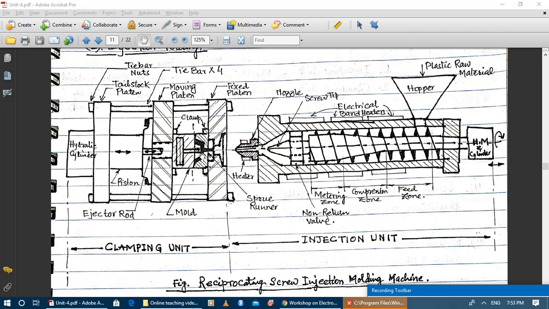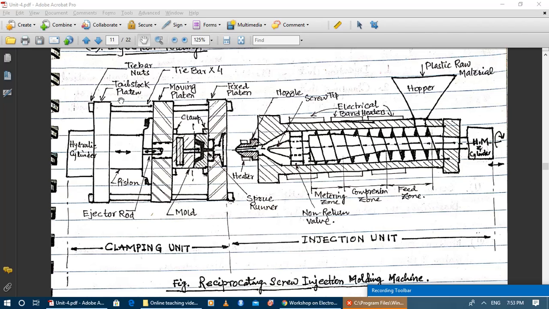So this is very important to keep the mold closed under very high clamping force, and this clamping force is initially provided by the hydraulic cylinder, and once the tie bars are extended for less than 1 millimeter strain energy is being stored, then hydraulic cylinder is cut or stopped, and the strain energy stored in the tie bar keeps the mold closed for the rest part of the molding cycle.